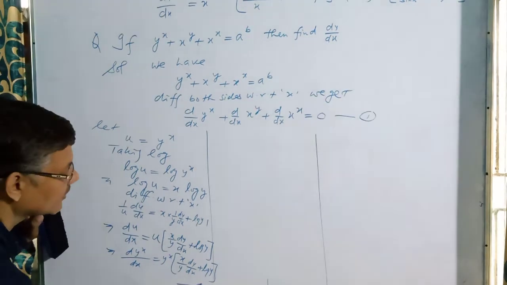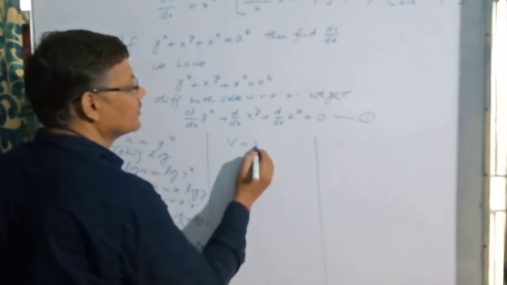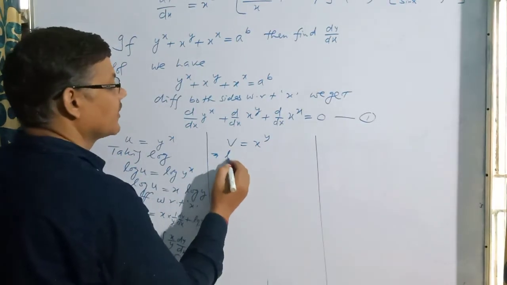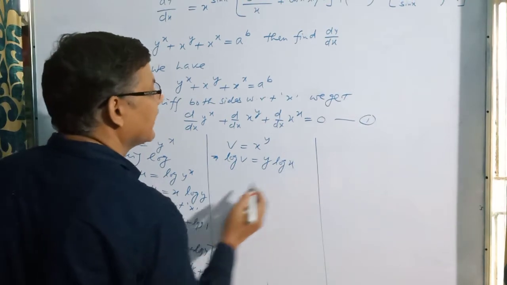Make it equation number 2. Again, v is equal to x power y implies log of v equal to y log x.